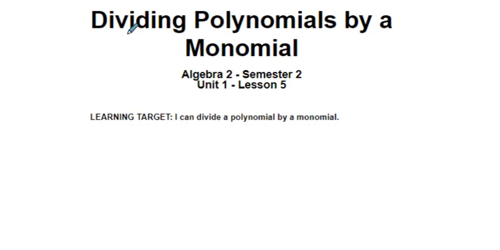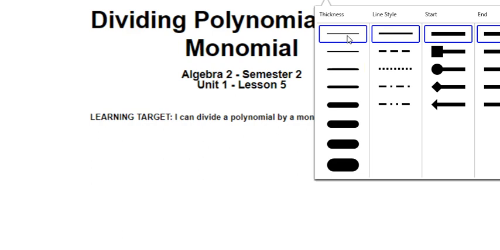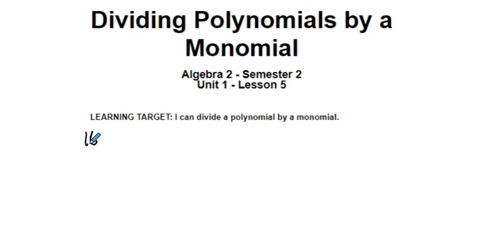The important concept is that when you divide something where you have more than one term on top, let's say I have 16x squared minus 10x plus 2, and it's all over 2. Something like this.